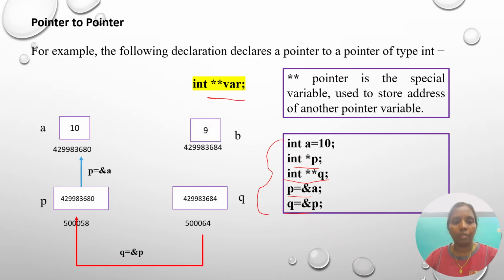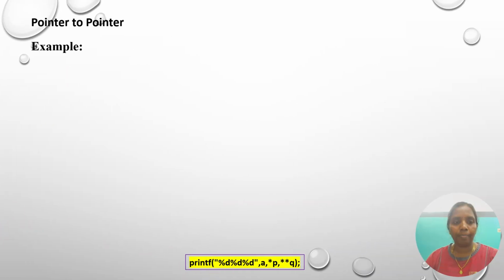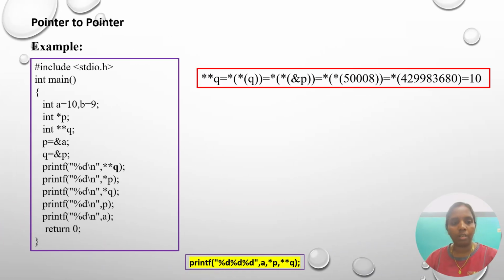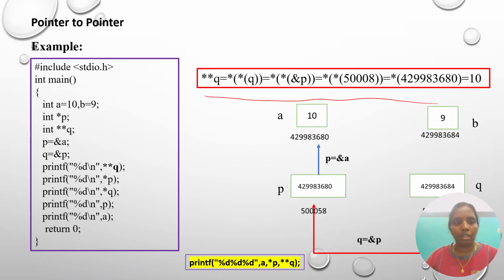So this is how we are accessing a double pointer. This is a small example showing the usage of a double pointer. In any of the formats, you can use this method. So A equal to 10, B equal to 10.